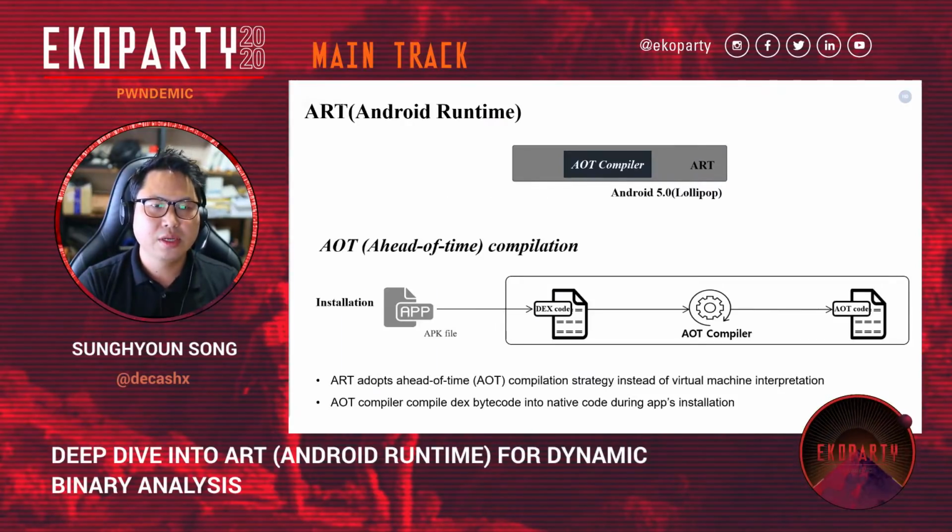ART adopted an ahead-of-time compilation strategy instead of interpretation. ART provides a compiler called DEX2OAT. The DEX2OAT directly compiles DEX bytecode into native code during the app installation and then stores it as an AOT file. The result is essentially an ELF file that is then executed natively.